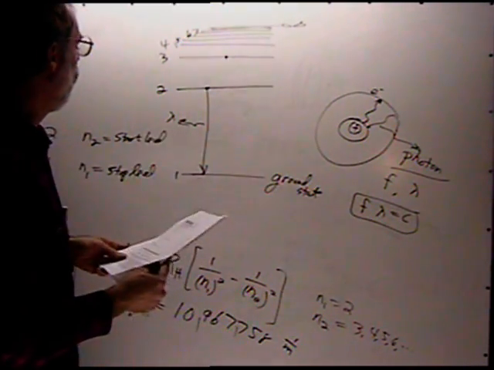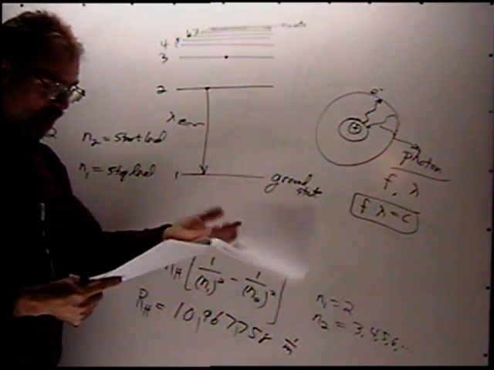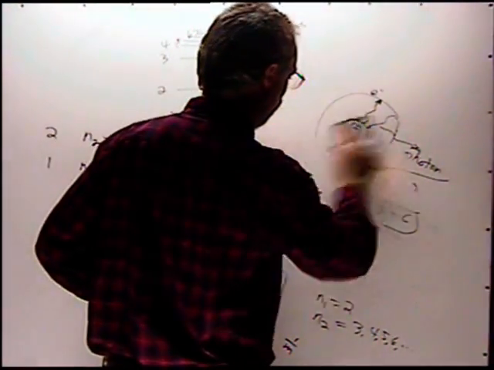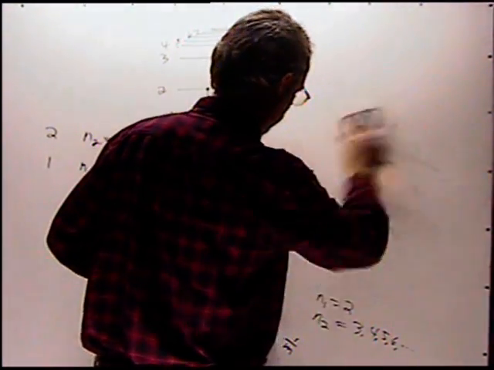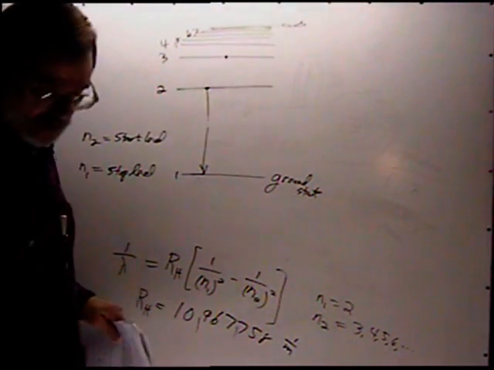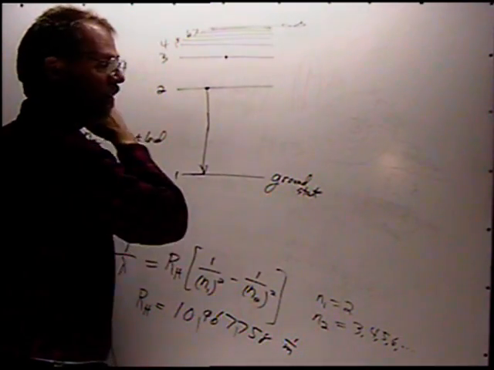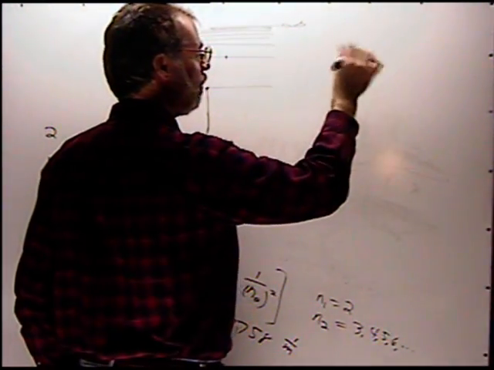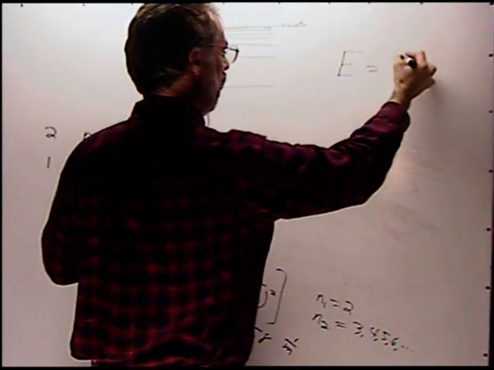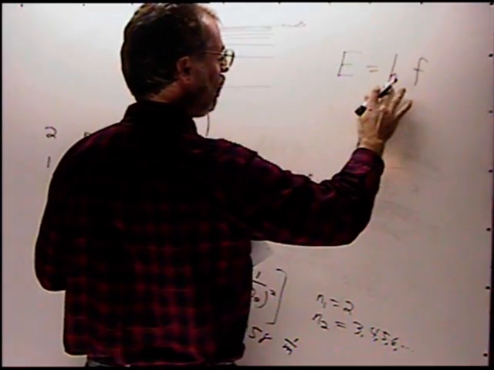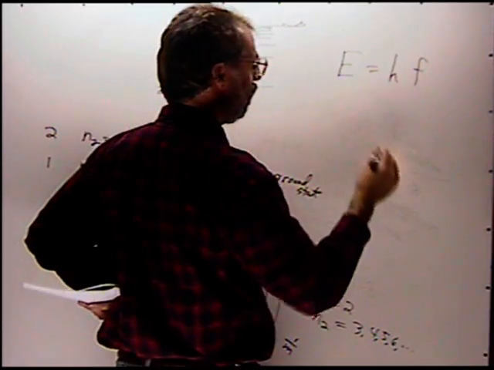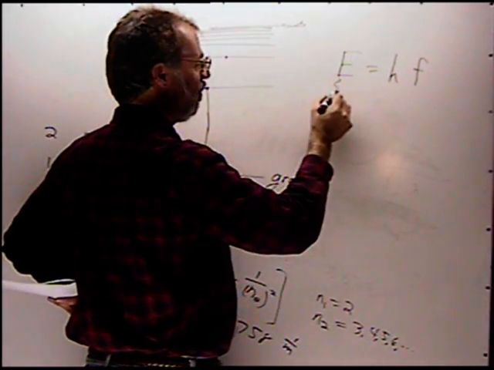So anyway, he went to work, and if we flip over to page 5, basically the way this works is the energy. Remember Planck's law: energy equals h times f, where h is Planck's constant. This is the energy of the photon.